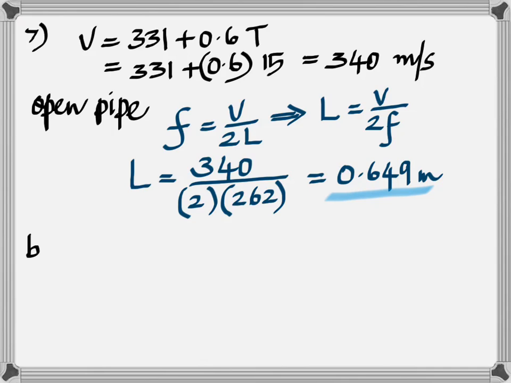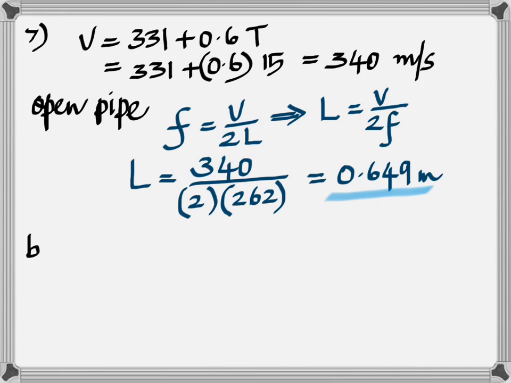And the C part says, what are the wavelength and frequency? Oh, you also have to find the wavelength, can't you? It's like before. What you found is the length of the pipe, isn't it? You remember how the fundamental wave looks in an open pipe? Antinodes at both ends.